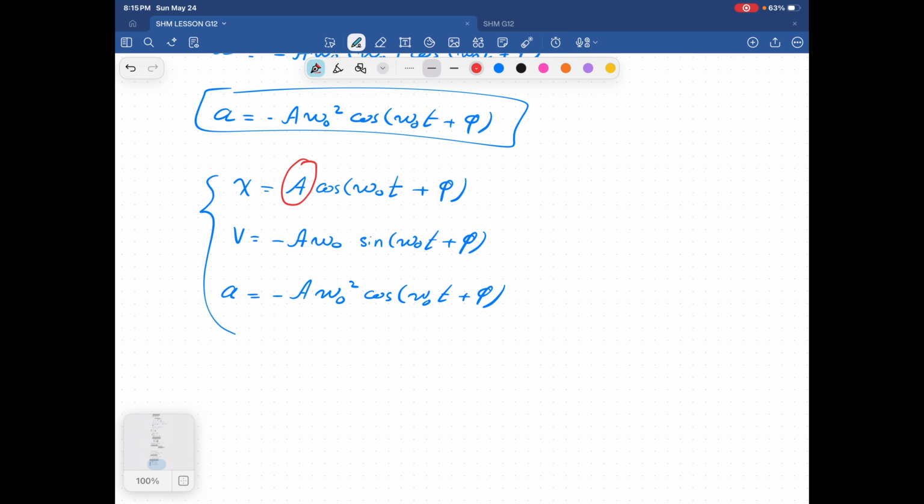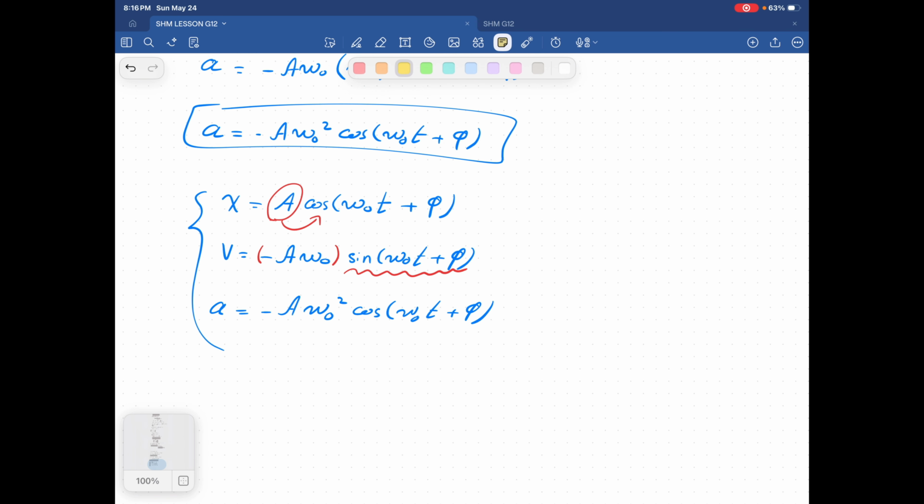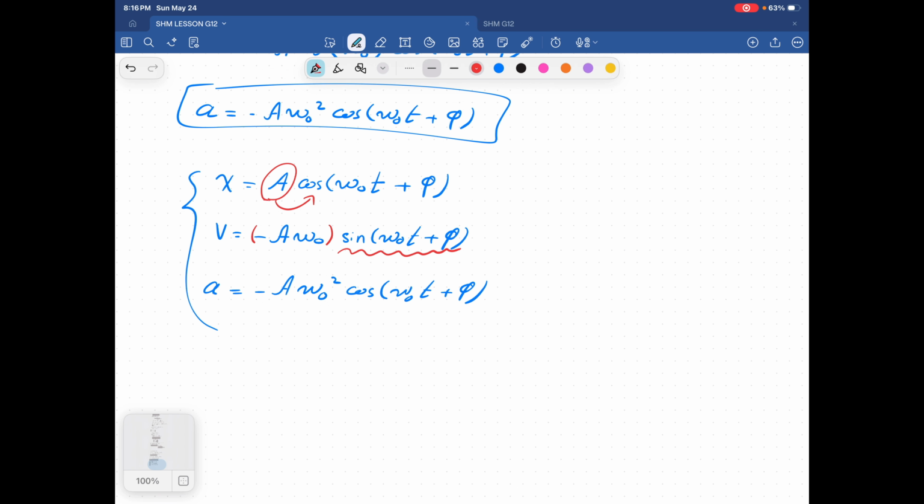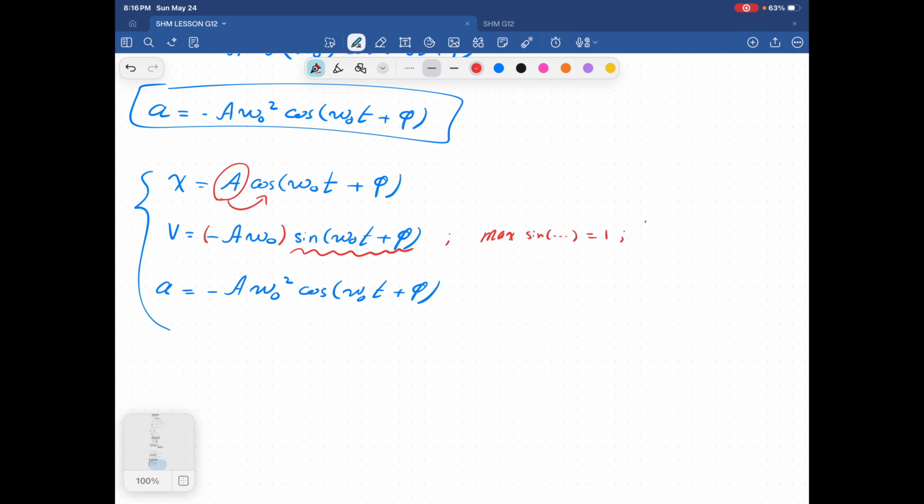It is the quantity that is previous to the cosine function, and so the quantity that is previous to the sine function is the maximum velocity, because the maximum value of the sine function is equal to 1, and thus the maximum value of the velocity, of course absolute value, is equal to a w0.